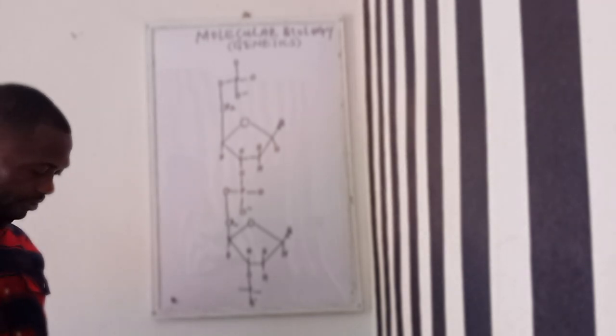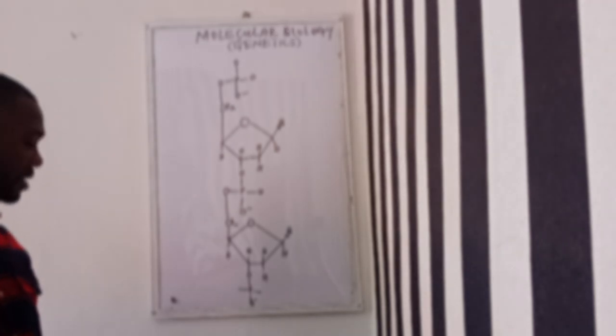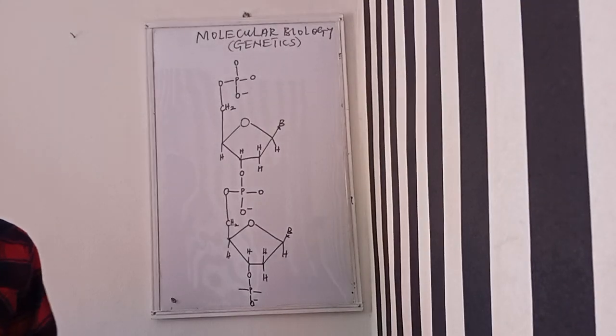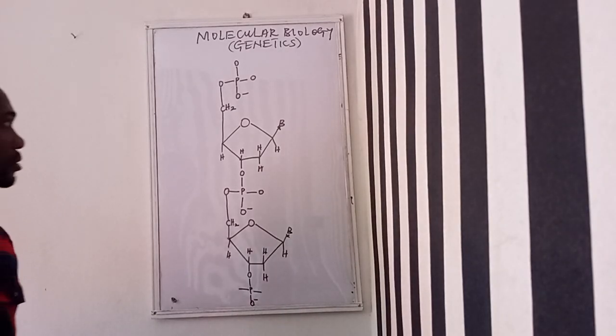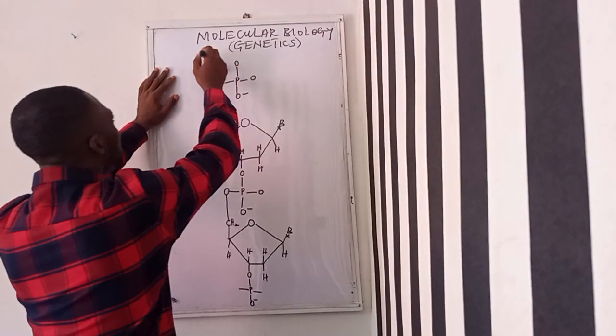And from the look of things, everything here is very correct. So this is the structure of a nucleotide.